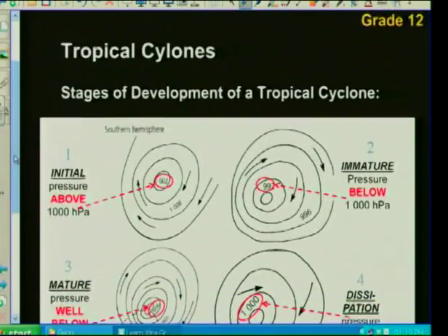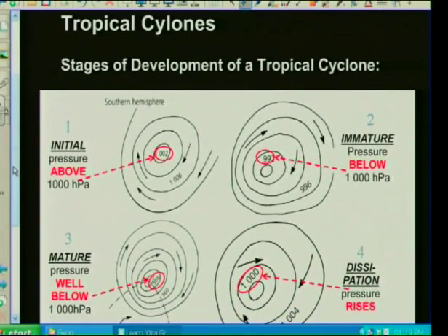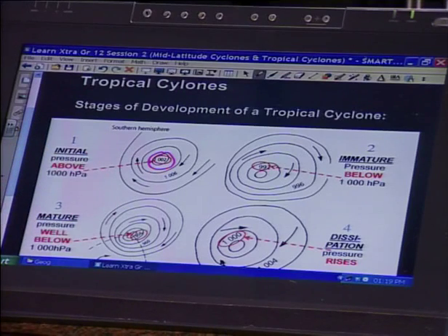Let's look at the stages, and this is where I'll bring in the eye. Now, in the initial stage, the pressure starts to drop, closer to below 1,000 millibars. It's still around 1,002, but it's nearing the point where it's going to go even lower.